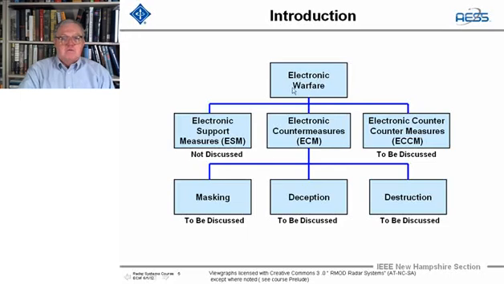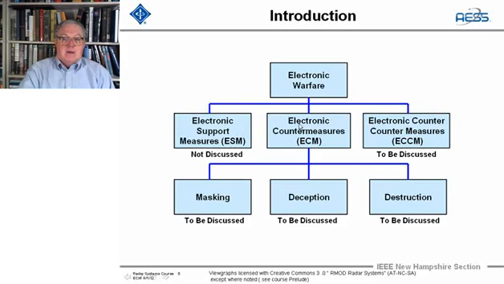So we break down electronic warfare into three things: electronic support measures, which are means to identify the characteristics of emitters, like radars or communication systems. These systems are classified, so I'm just not going to discuss them. And electronic countermeasures, they're going to be discussed.